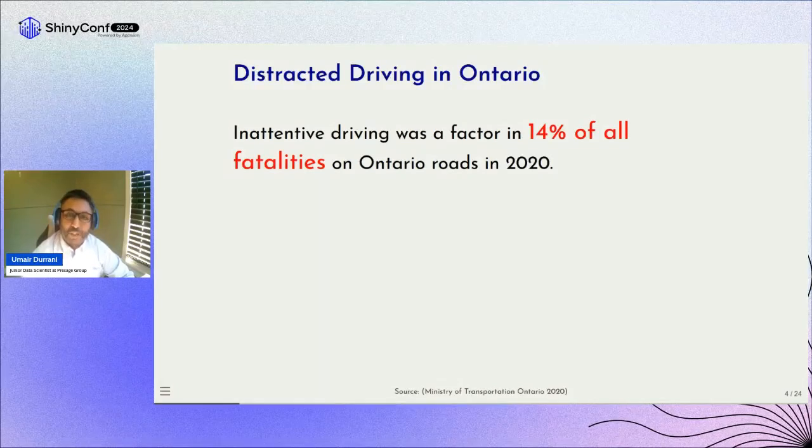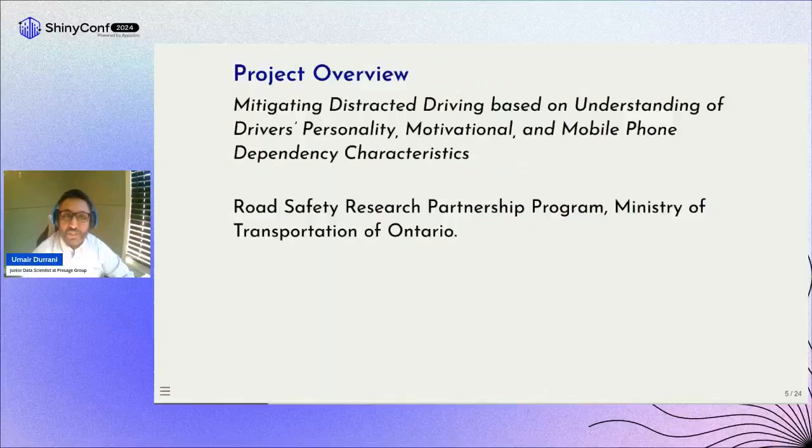So, the Ministry of Transportation in Ontario was concerned about researching why that happens and what the different factors are. And this was the proposed topic that Dr. Lee created: mitigating distracted driving based on understanding of drivers' personality, motivational, and mobile phone dependency characteristics.